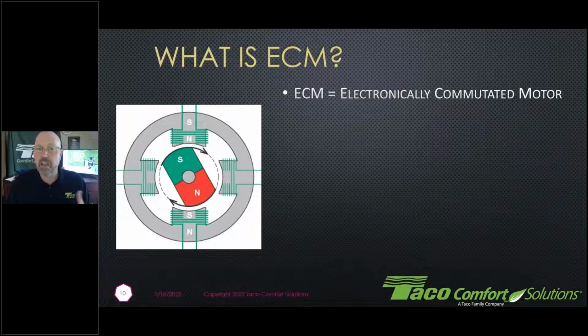But what ECM also brings us is a lot of controllability out of that circulator, meaning that we can easily change the speed by just changing the voltage and changing the way the poles are created, so we can drop the speed. We look at a standard efficiency circulator, we're looking at 3450 RPM or 1725.